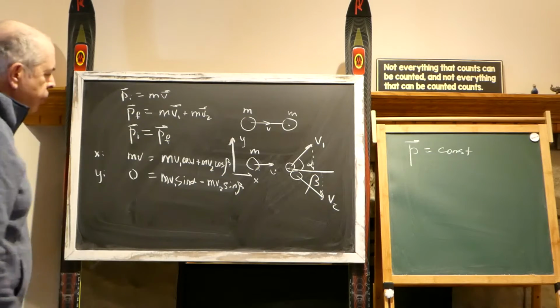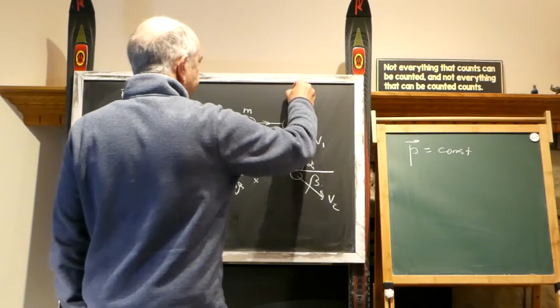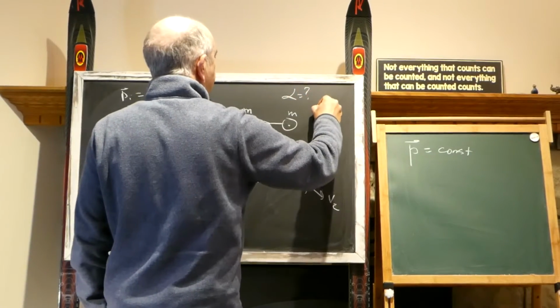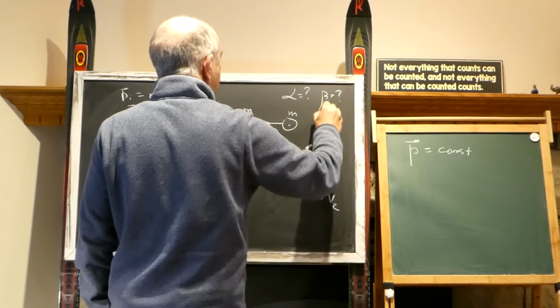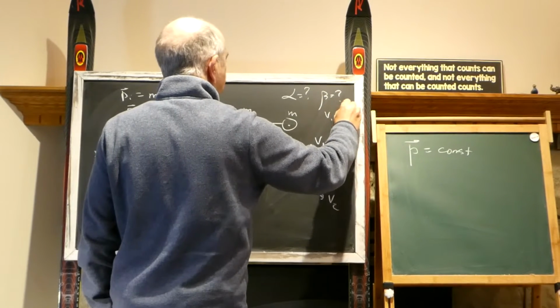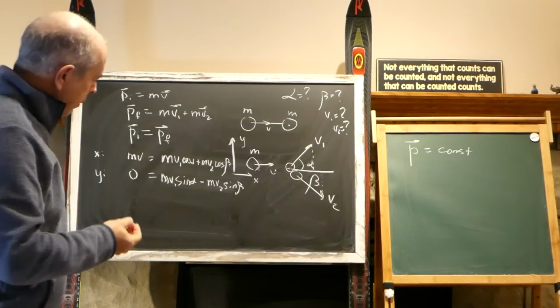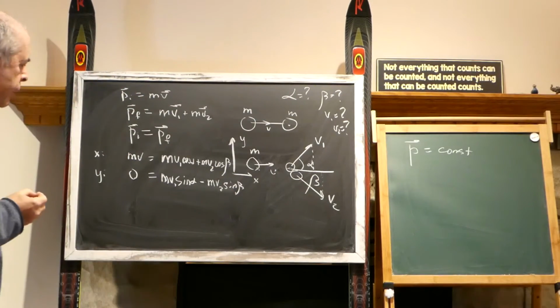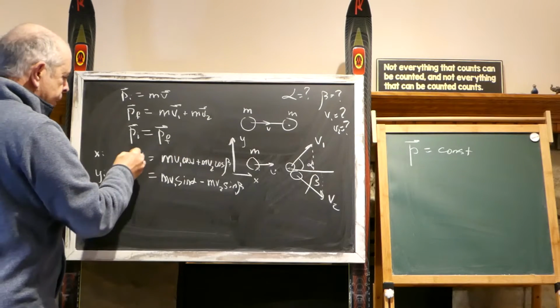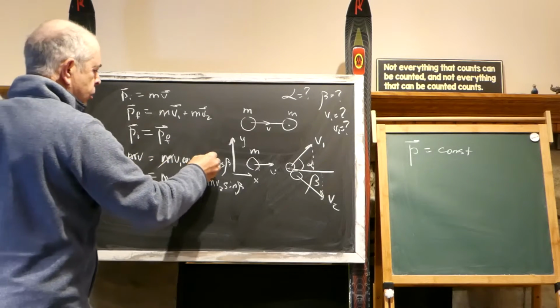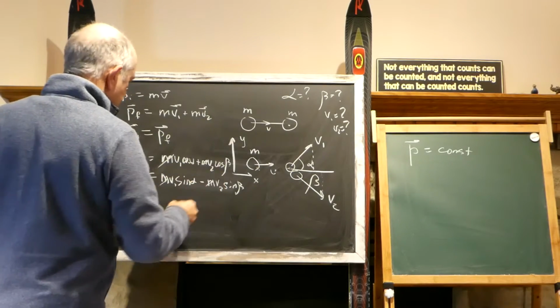And those are two equations, and alpha is unknown, and beta is unknown, and v1 is unknown, and v2 is unknown. So there are 4 unknowns, and we have only 2 equations, right? Of course, m is also unknown, but m would be canceled out everywhere, right?